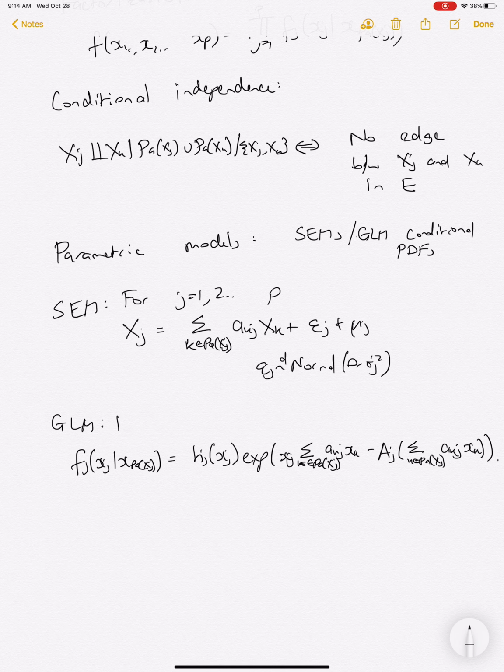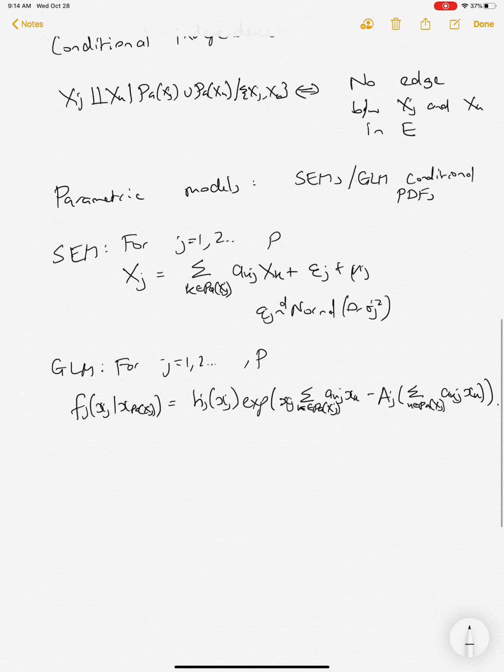And then you can generalize that if you don't have normal or continuous data by using the GLM family. So you write xj as a GLM where your response is your xj and then your covariates are the parents of xj. And this connection is really important in defining our GLM.